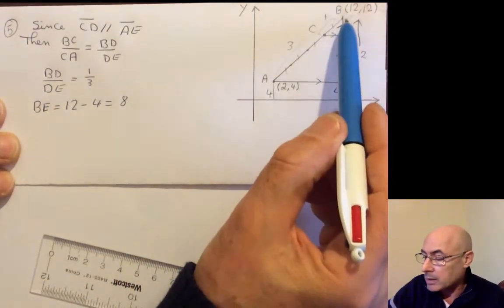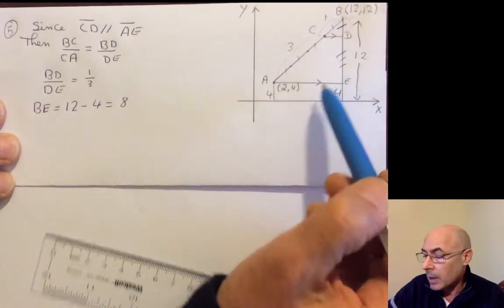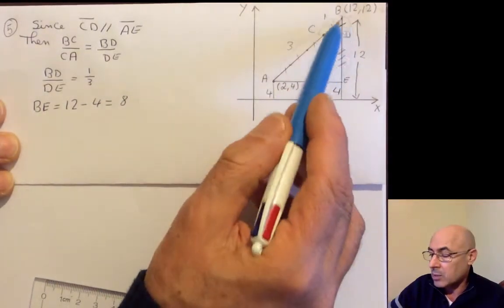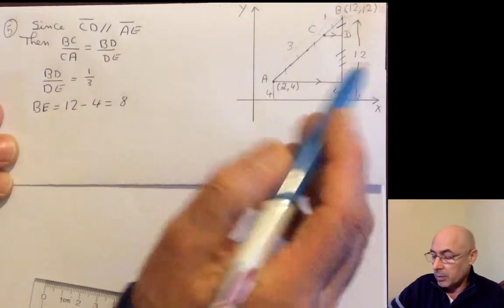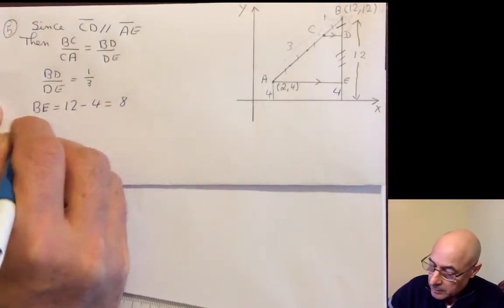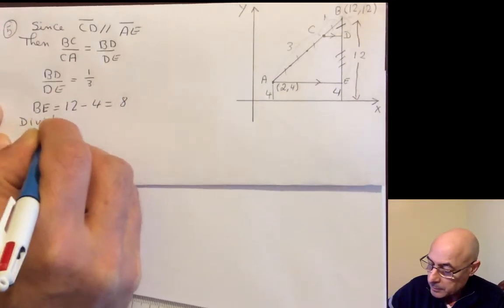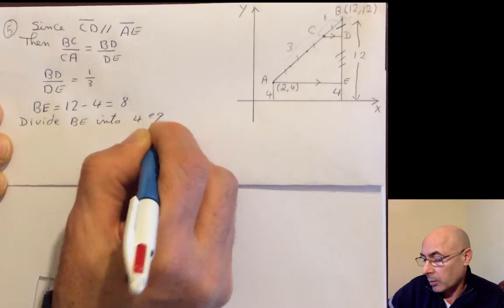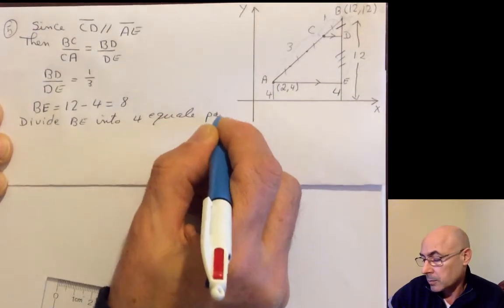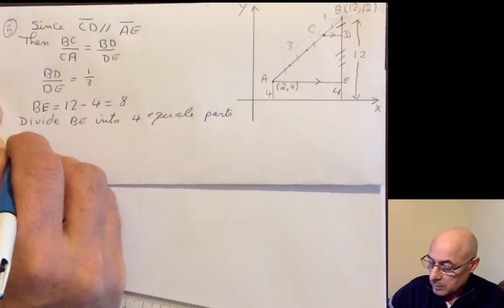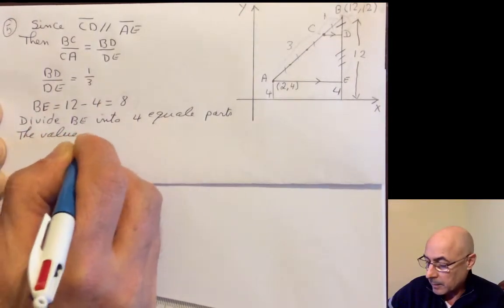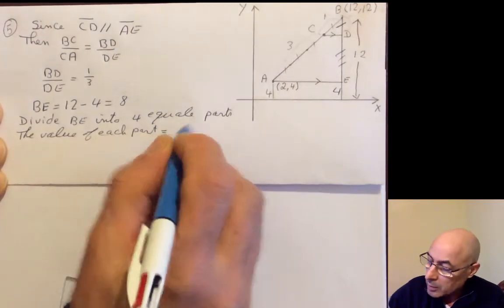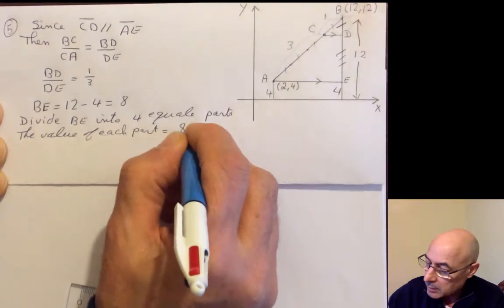To find how long each part is, BD and DE, I need to divide that 8 into 4 parts. BD is going to take 1 part, DE is going to take 3 parts. So divide BE into 4 equal parts. The value of each part equals 8 divided by 4.